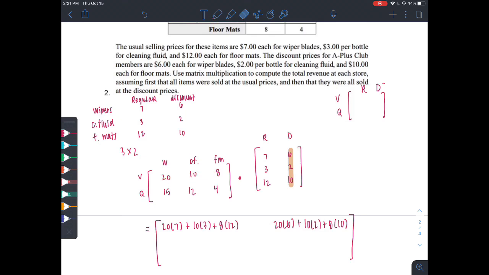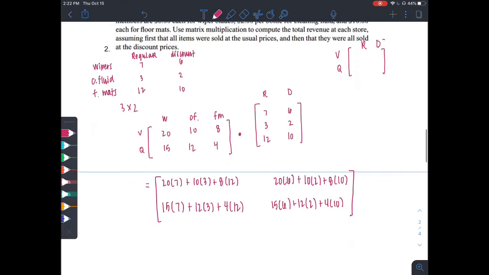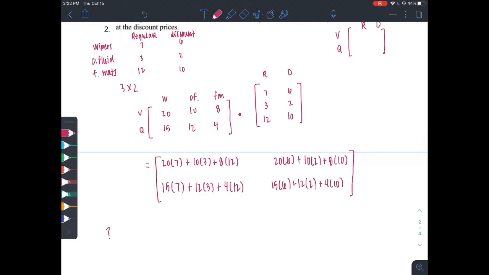Keep going here. And we have second row times first column, so 15 times 7 plus 12 times 3 plus 4 times 12. Then finally, we've got 15 times 6 plus 12 times 2 plus 4 times 10. So go ahead and calculate that.